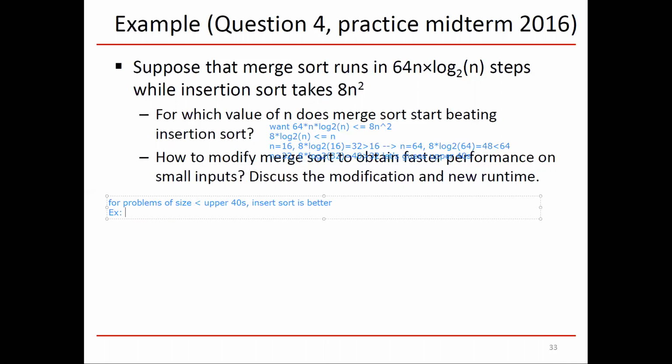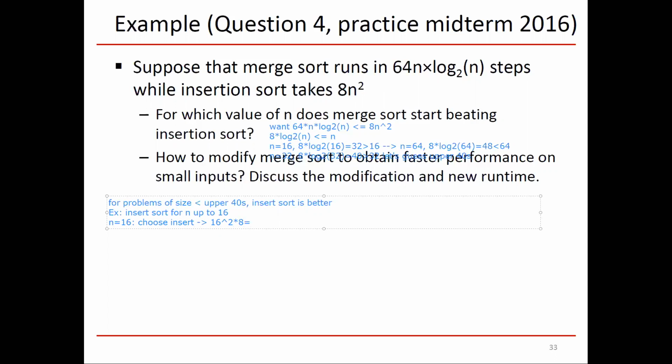Suppose that you run insertion sort for n up to 16, okay? So, now let's take, if n is 16, choose insertion, and then 16 squared times 8, 16 squared is 256.